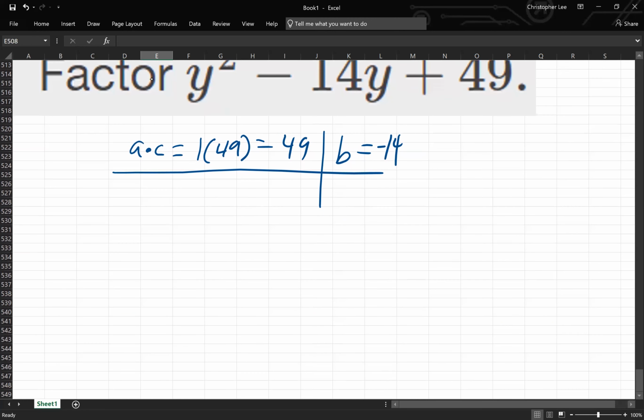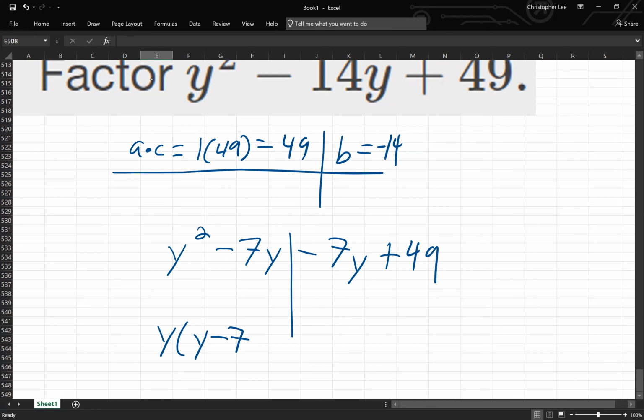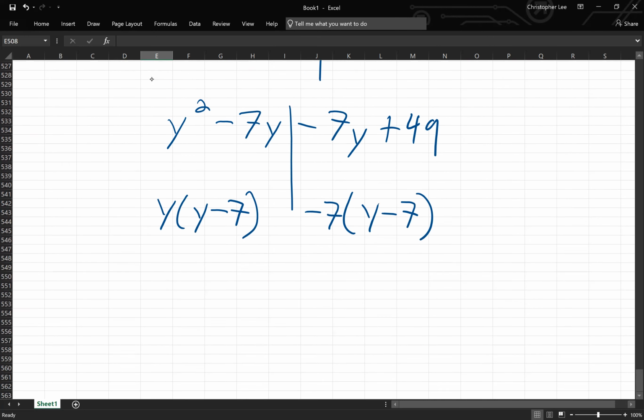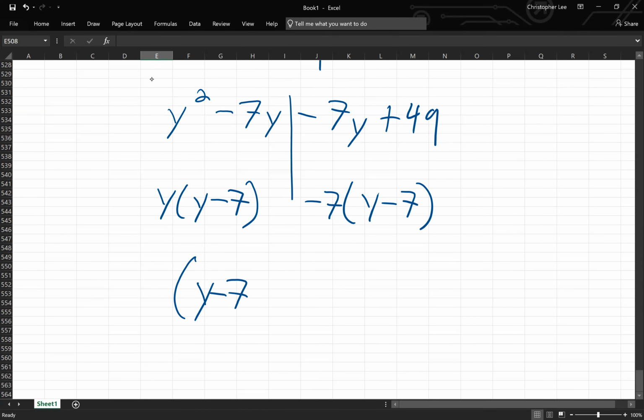Two numbers that multiply to 49 add up to negative 14. Right. So I have y squared minus 7y minus 7y plus 49, right? Down the middle, group the left terms. This is going to be y times y minus 7. And then this is going to be negative 7 times y minus 7. Greatest common factor, y minus 7. What's left over? Y minus 7. That's it.